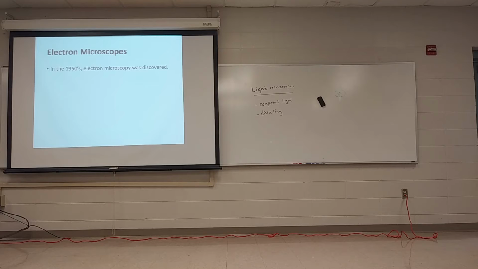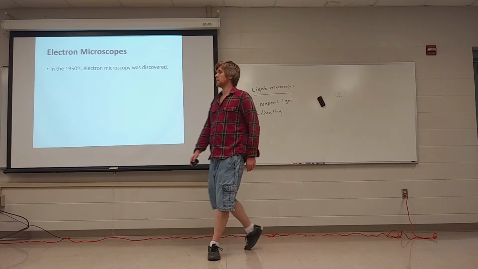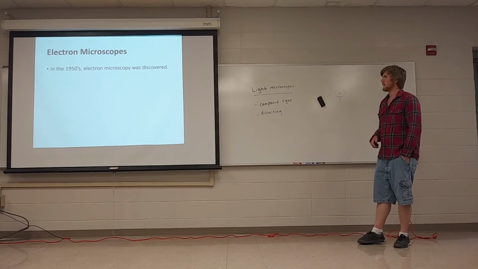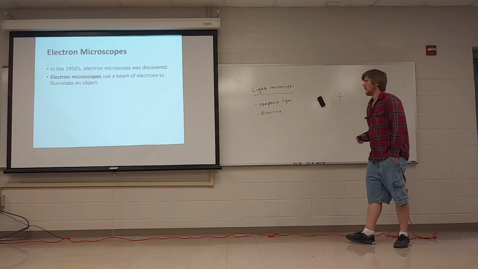Electron microscopes. Alright, so we talked about light microscopes being the only microscopes up until the 1950s or so. In the 1950s, electron microscopy was discovered. How does this work?